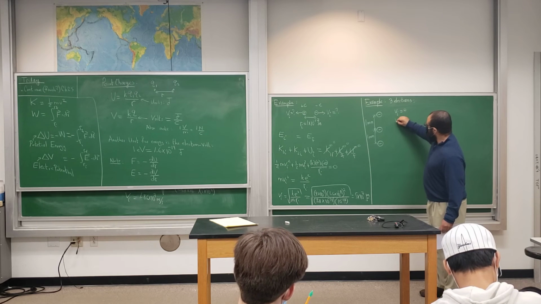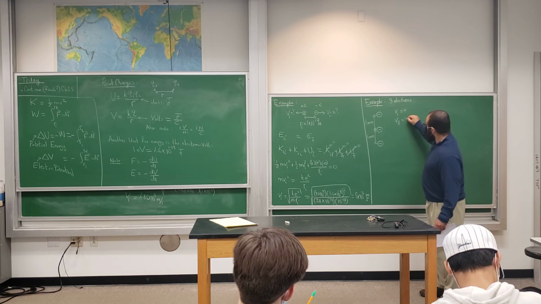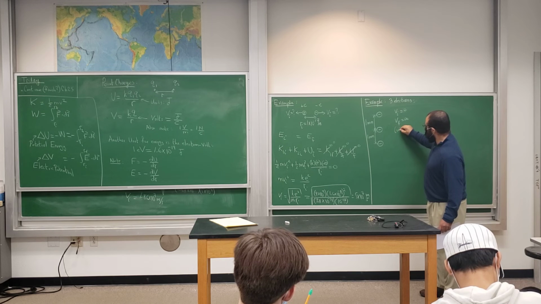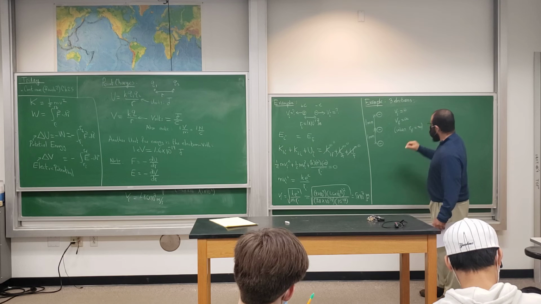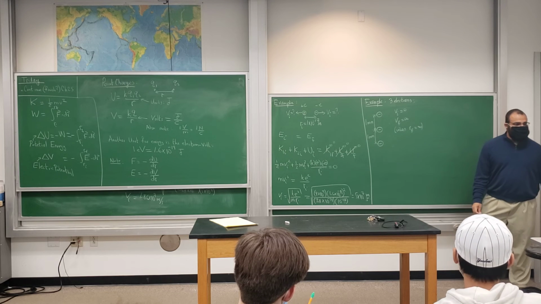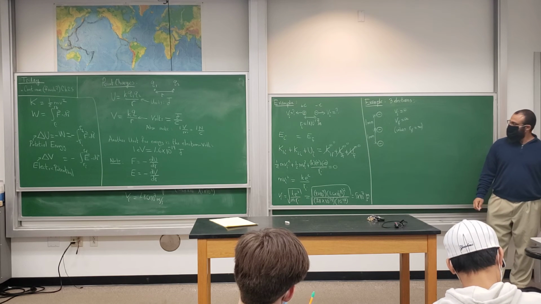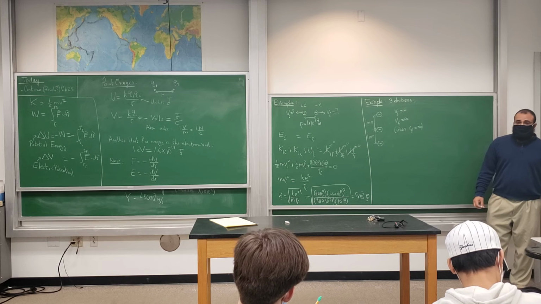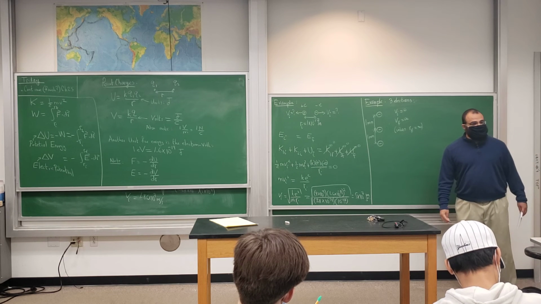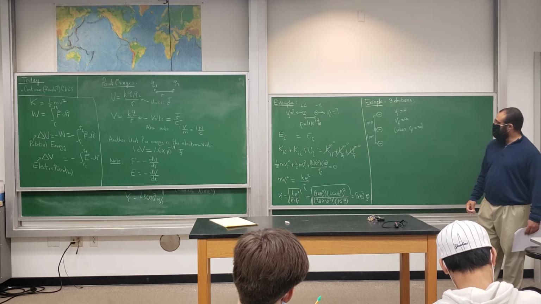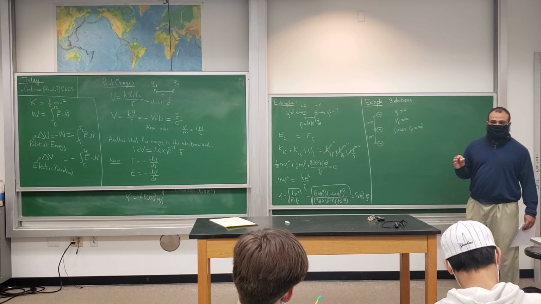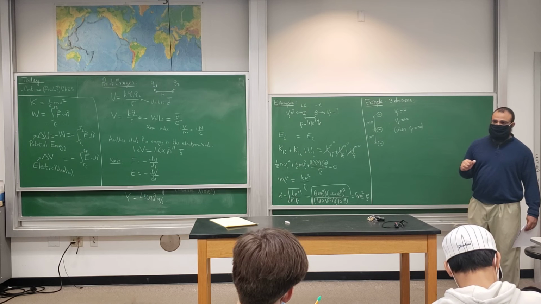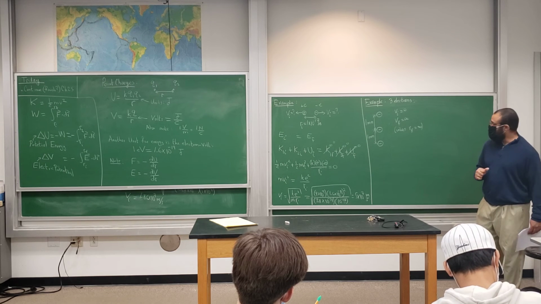And the question is to find V final when r final is infinite, when it moves very far away. So we can use conservation of energy again. The energy at the beginning should equal the energy at the end. Let's see what happens.